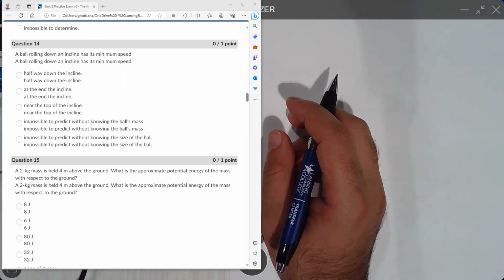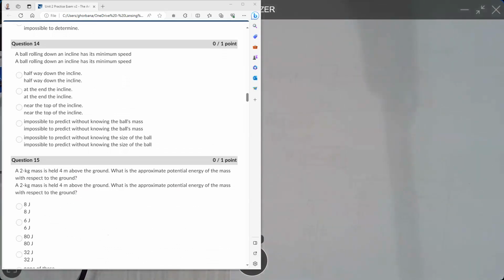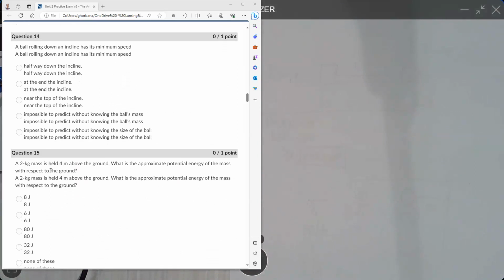Number 14. A ball is rolling down an inclined plane. A ball rolling down an incline has its minimum speed at the end of the incline, near the top of the incline, impossible to predict without knowing the ball's mass, or impossible to predict without knowing the size of the ball.